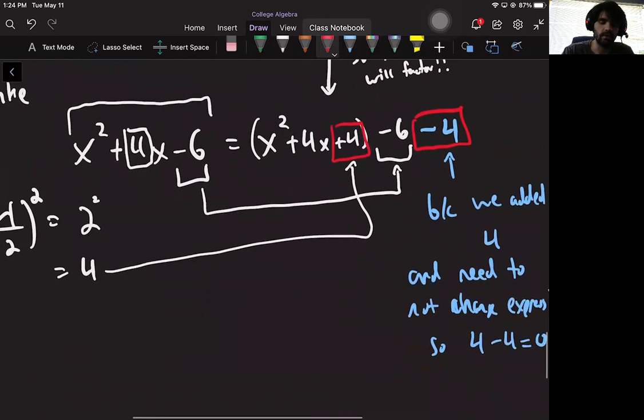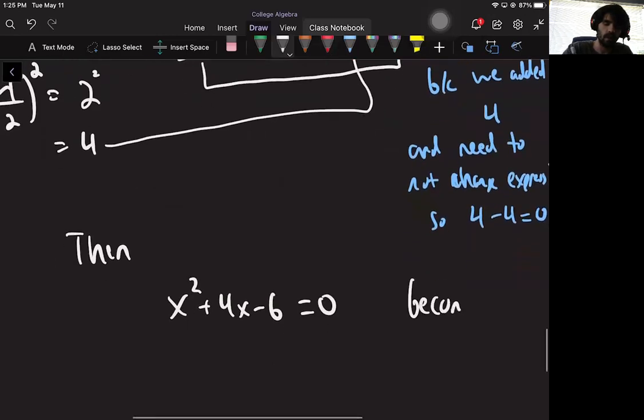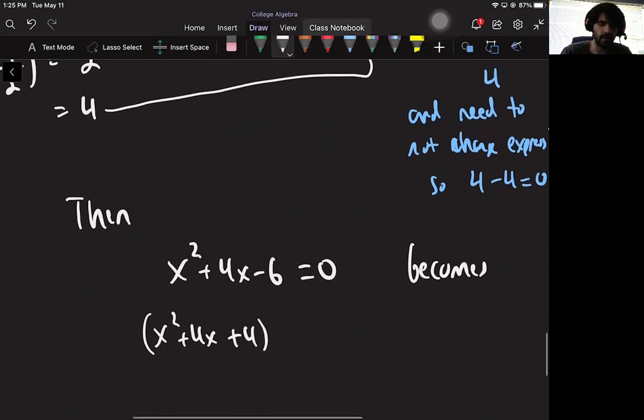So how do I use this trick now? So then the idea is I'm trying to solve this guy. And what am I doing to it? Well, I'm adding a 4 here. You don't need these parentheses, but it's nice to keep things together.